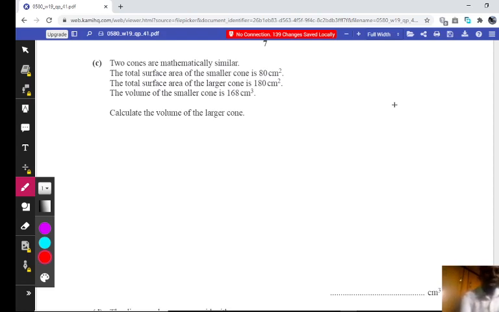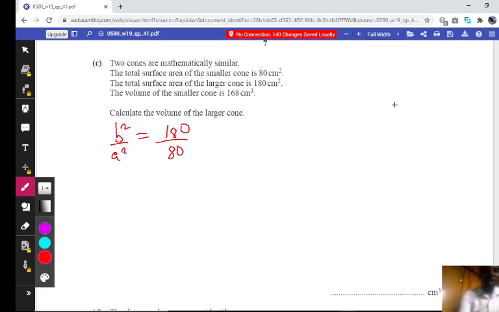How? Let the radius of the bigger cone be b and the smaller be a. So b squared over a squared is equal to 180 over 80. Where 180 is the bigger, you put the bigger shape on top as the numerator, and the denominator is the smaller shape.